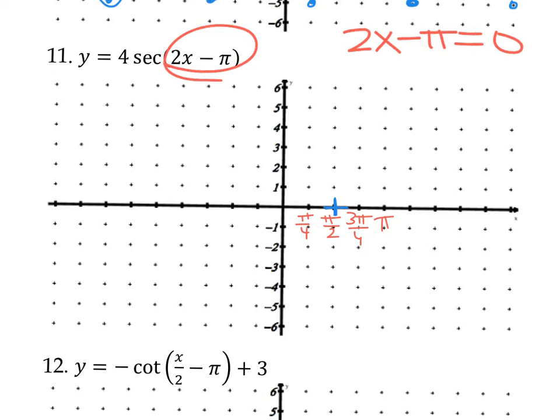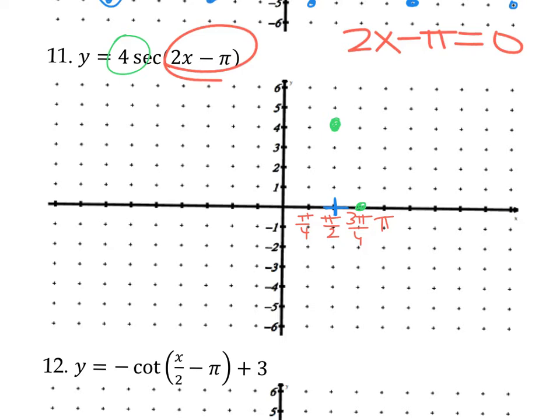So secant follows cosine. Cosine doesn't start at 0, 0, it starts at 0, 1. But because of this amplitude of 4, I go 0, up 4. So right here. And then I go over 0, down 4. And because I'm at my next, I'm just going to keep going.